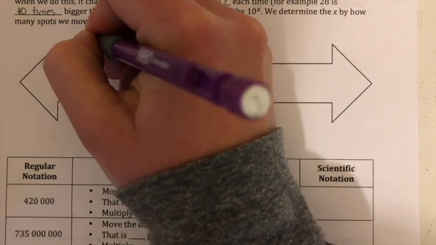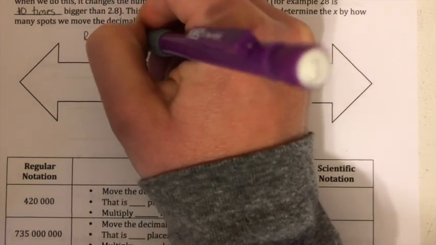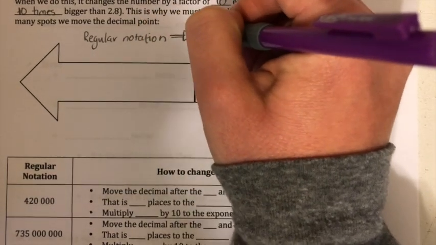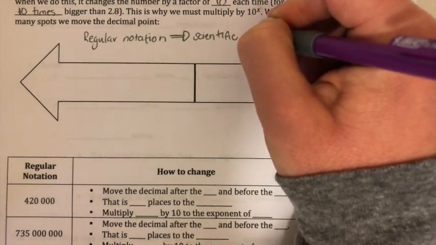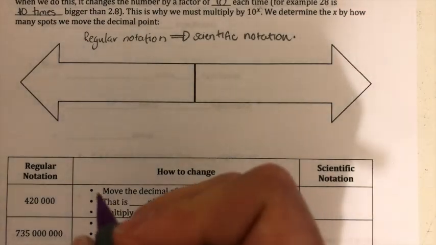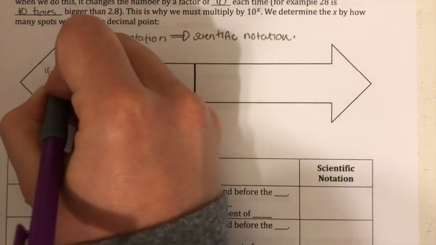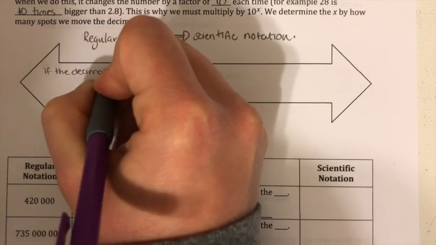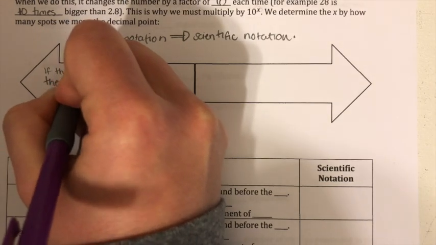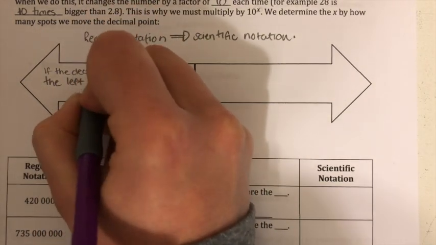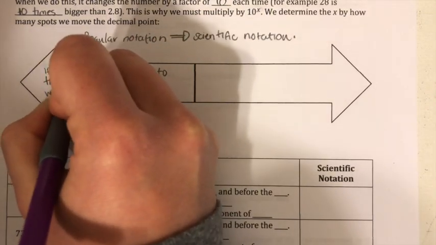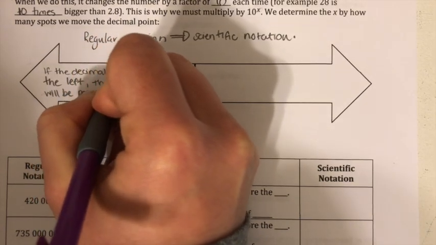So this is for changing from regular notation to scientific notation. This is the rule. If the decimal is moved to the left, the exponent will be positive.